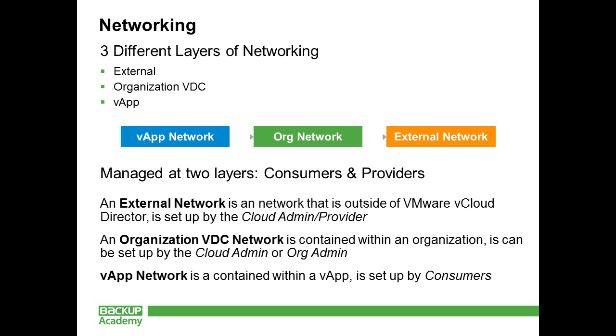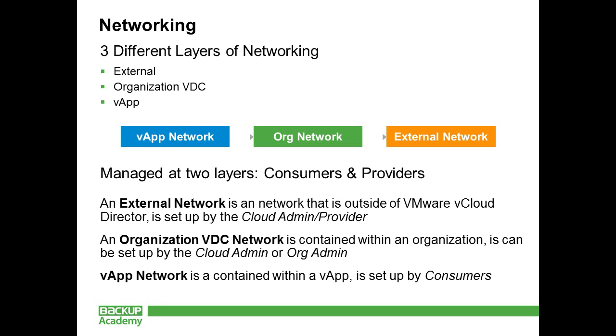An organization network can be connected to external networks as a public network, so an external organization direct, private routed, or it can be left unconnected, so it can be an internal organization network with no external connectivity. Again, organization networks are created by cloud admins or providers, as we mentioned, and you can also create these as an organization admin.